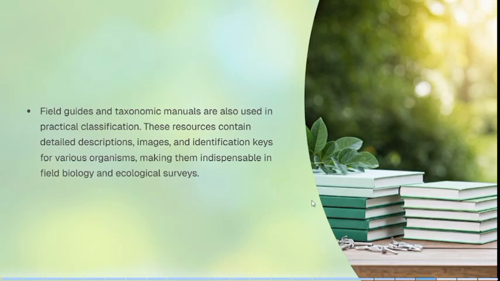These resources contain detailed descriptions, images, and also identification keys for various organisms, making them indispensable for you to be able to identify a particular living organism or its name. They are indispensable in the field of biology and ecological surveys. These are just methods for naming living organisms to prevent confusion among scientists.